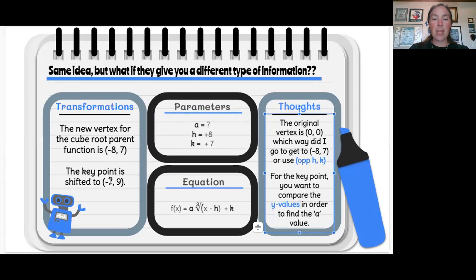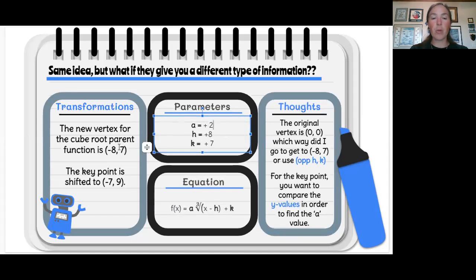If I go to the key point and it's -7, so I went up 1, the 7 to 9 is a positive 2. So my A value went up 2, so we would say that this is a positive 2.